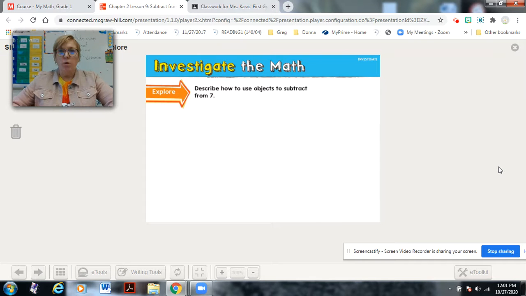If I had two colors, I could turn over the color that I'm taking away. So there's a lot of different ways you can do that, which is kind of neat when you're subtracting.